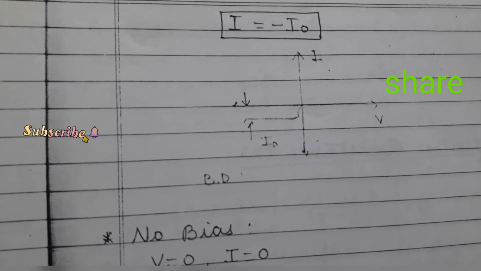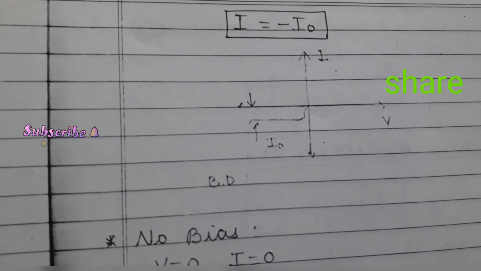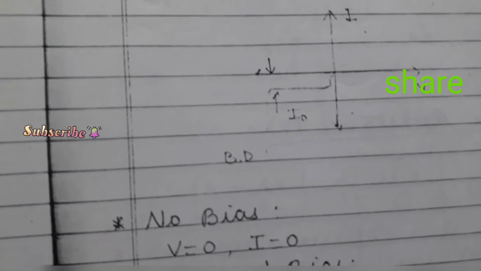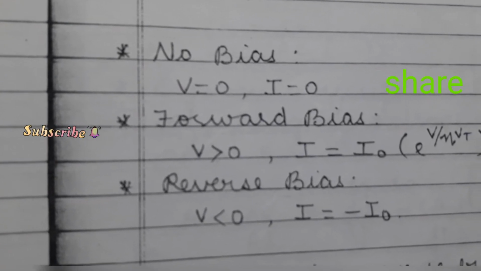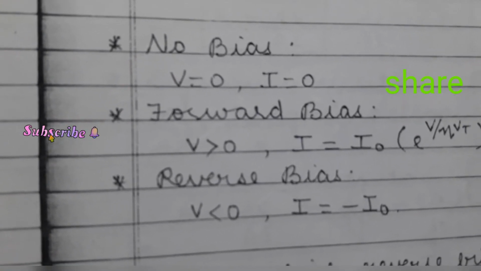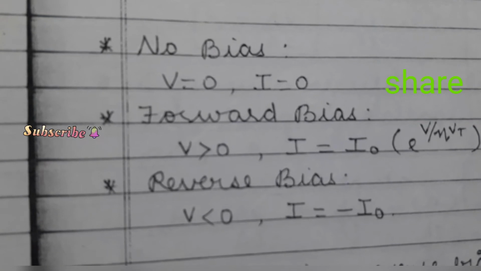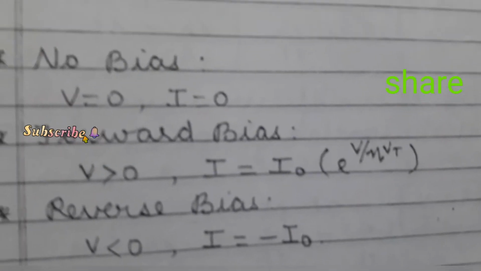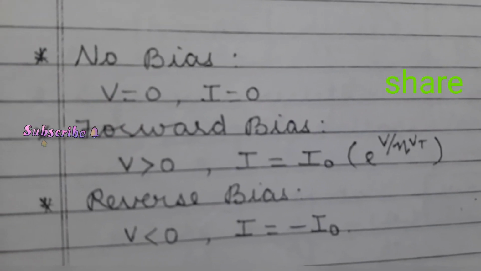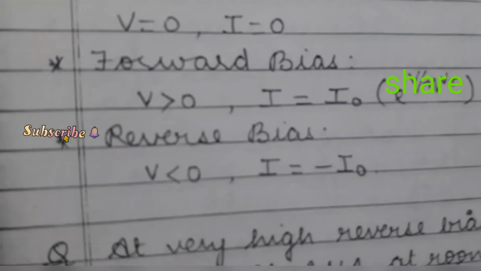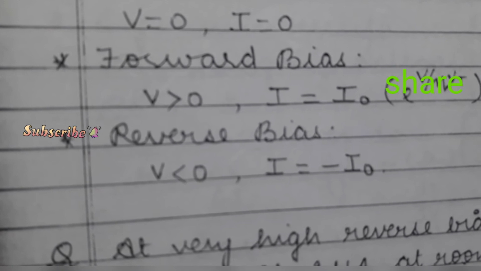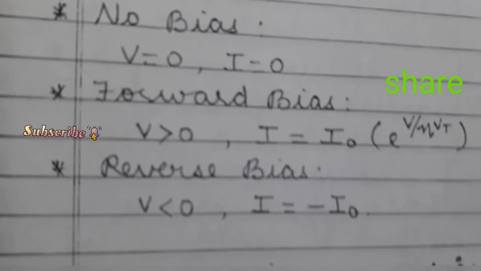This is the circuit diagram, and this is the IV characteristics of reverse bias. We conclude that for no bias, V equals 0 and current also equals 0. In forward bias, V is greater than 0 and I equals I naught e to the power V by eta Vt. In reverse bias, V is less than 0 and I equals minus I naught.